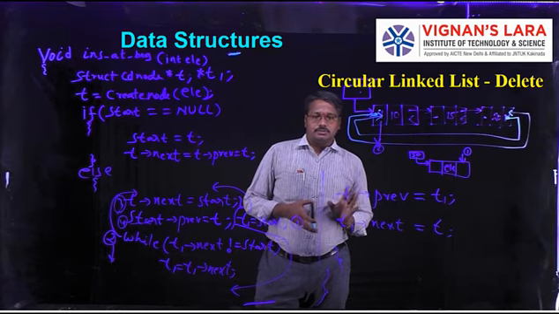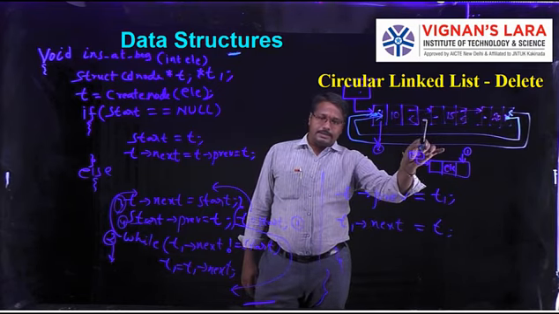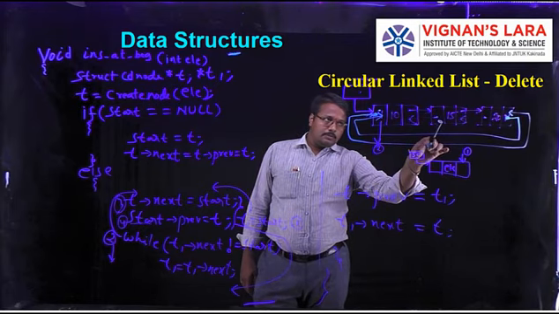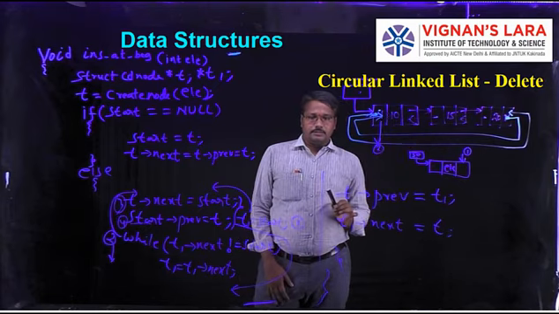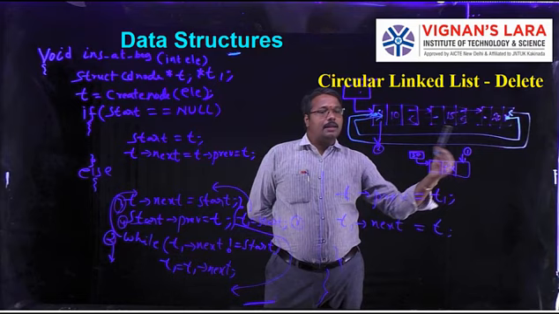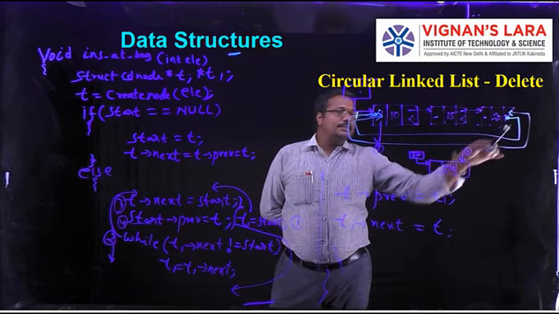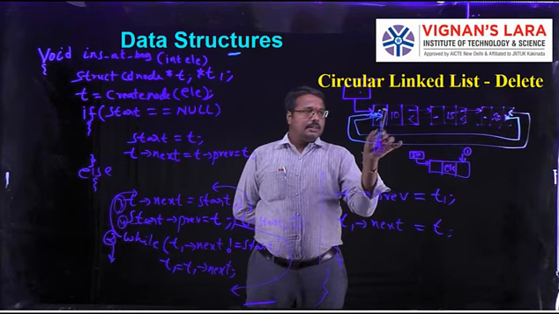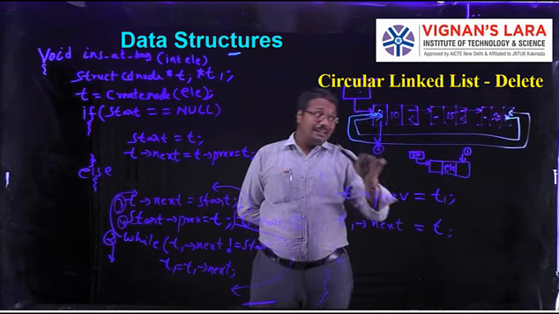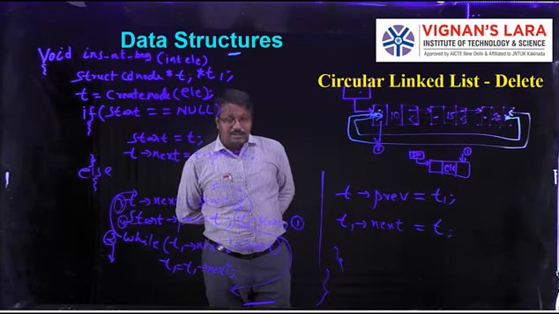In between two nodes there are two different pointers: one pointing to the next node address, one pointing to the previous node address. This is the double linked list pattern. The change I observed here is that the last node's next field consists of the starting node address, and the starting node's previous pointer has the last node address. Then automatically this is a circular double linked list.